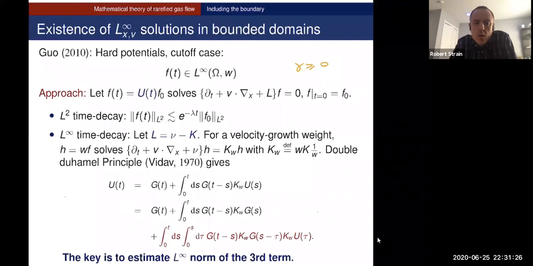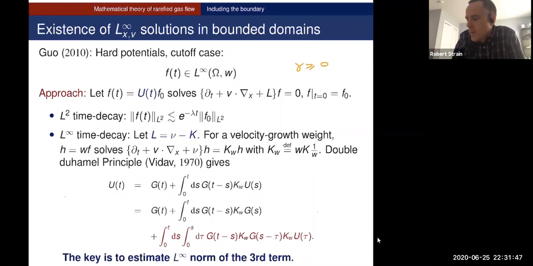So for hard potentials in the cutoff case, you can have, with bounded domains with boundary conditions that I explained, global existence of solutions in the perturbative framework. And the key was to use L-infinity based spaces. So his approach is different this time.